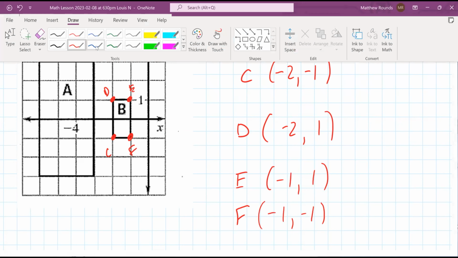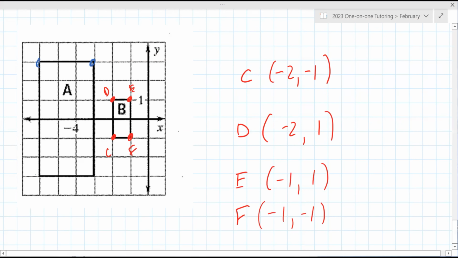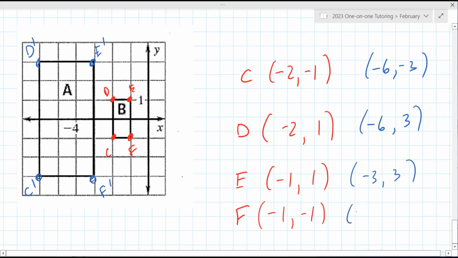Okay. Now I'm going to give you these other ordered pairs here. I'll do them in the same order: C prime, D prime, E prime, F prime. So we've got (-6, -3), (-6, 3), (-3, 3), (-3, -3).